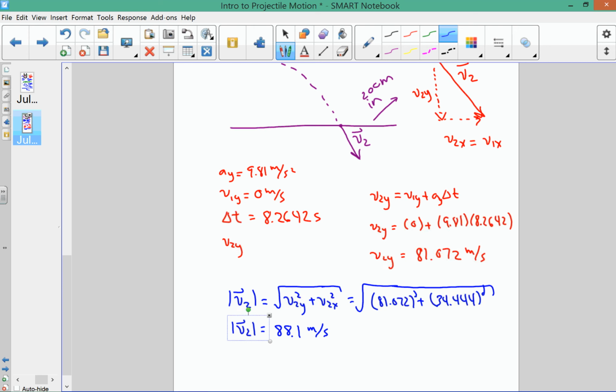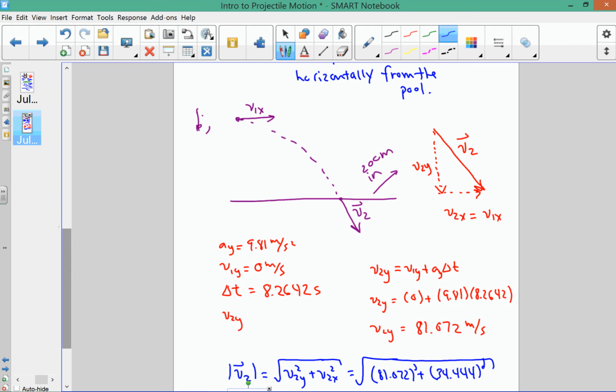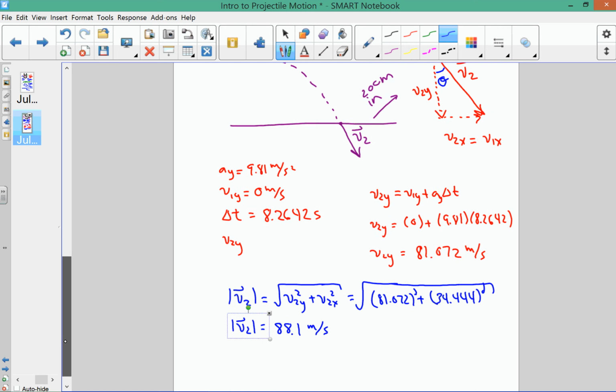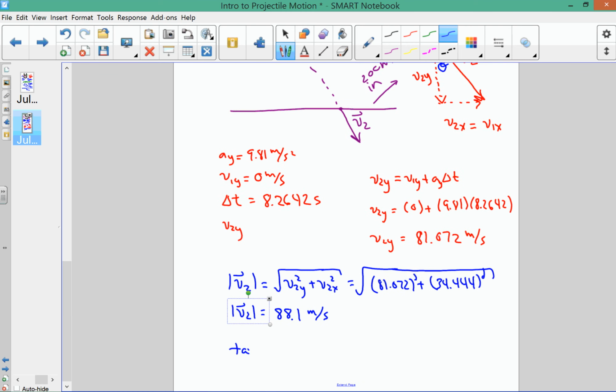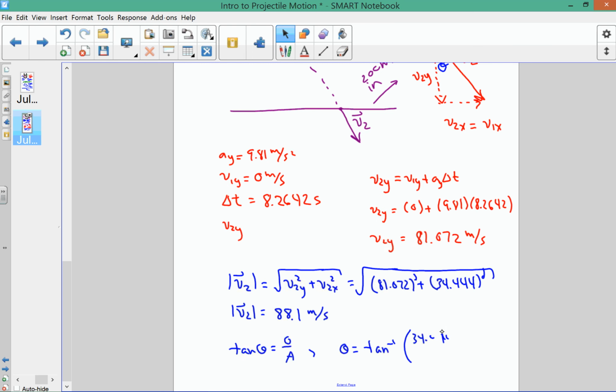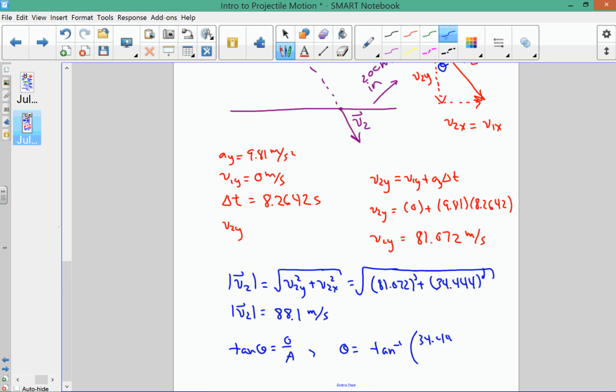That's the magnitude. That's not enough, of course, because the velocity is also a vector. So we also want this direction, this angle here. Just like before, tan theta is opposite over adjacent. So theta is tan inverse of 34.4444 over 81.072.